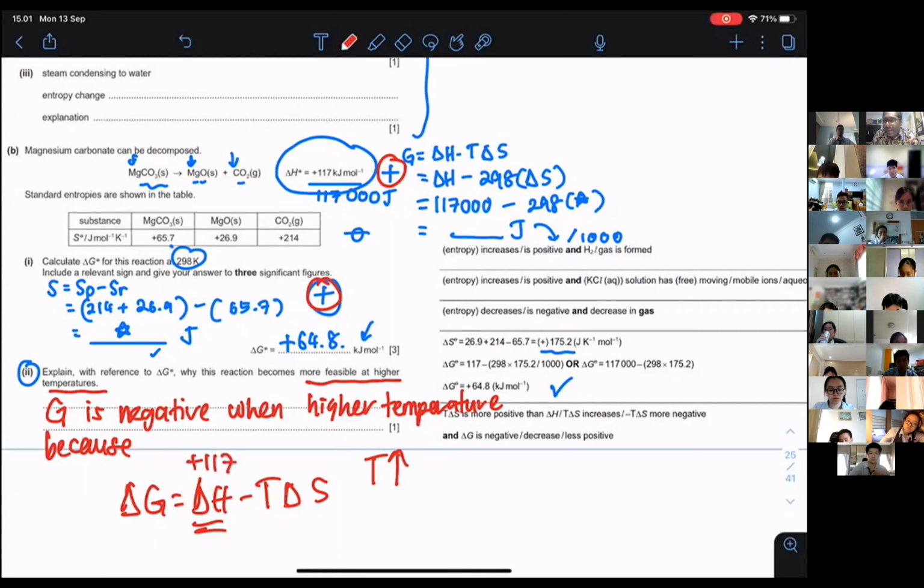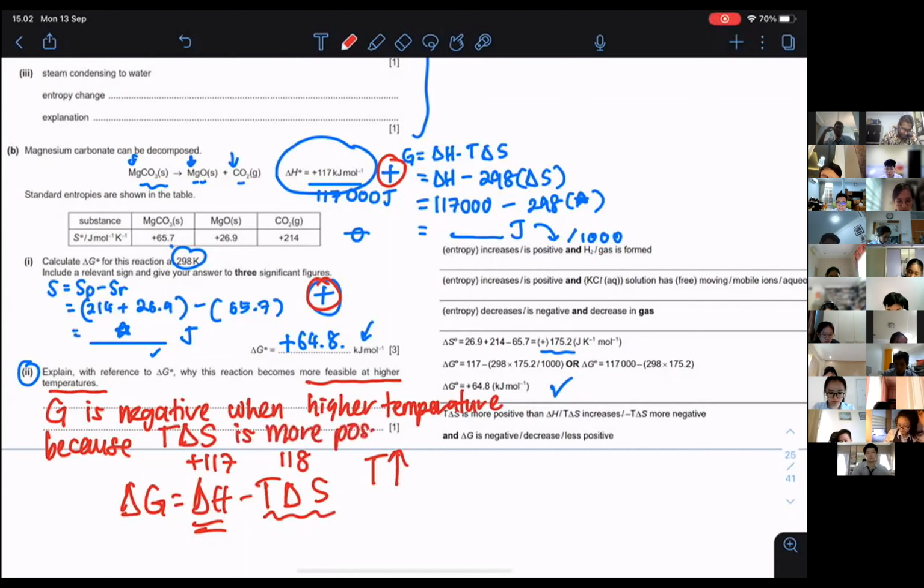I want Gibbs free energy to be negative. So this value must be greater than 117, maybe 118, and then I will get a negative value. It means that at higher temperature, my T is more positive. So this is what we want.